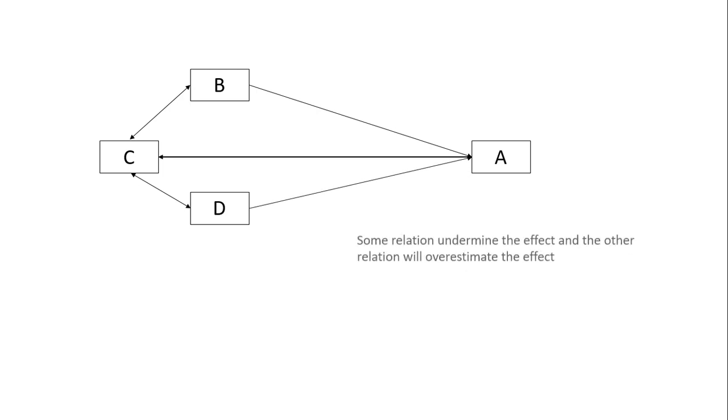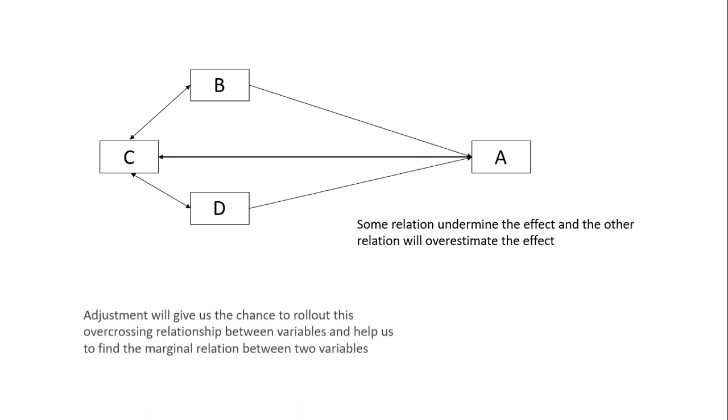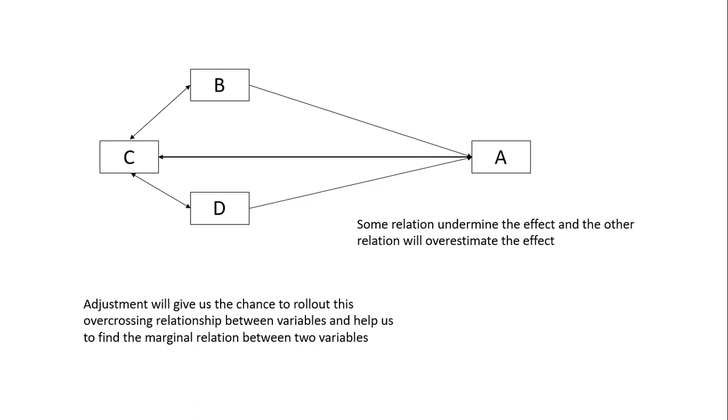When we consider the effect of these third variables in the association between the two, we are trying to rule out the chance that may underestimate or overestimate the association between variable C and variable A. Since we are trying to control or rule out chance, we are doing adjustment. So we are going into the adjustment analysis. We call it the adjusted odds ratio, or any kind of adjusted statistical method that we use to determine the association between the two variables.